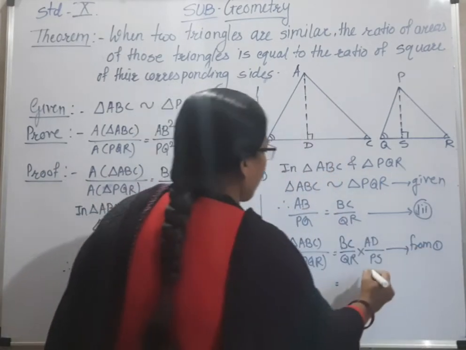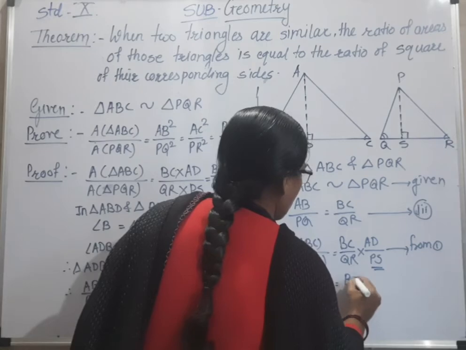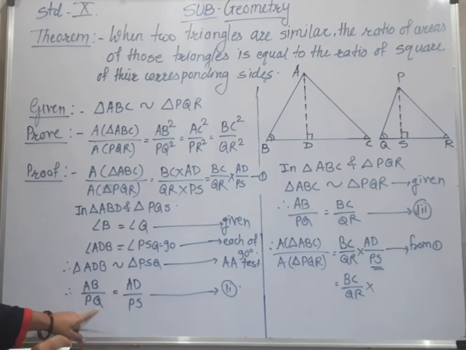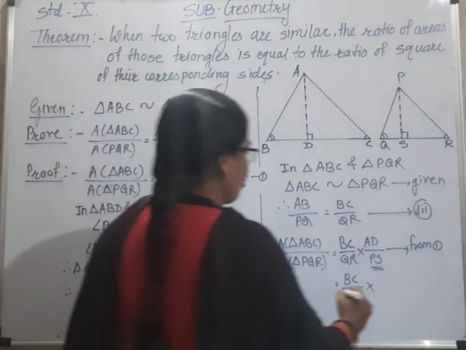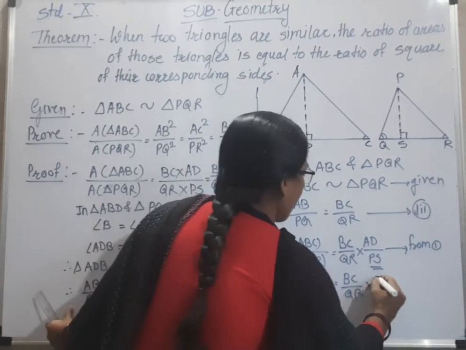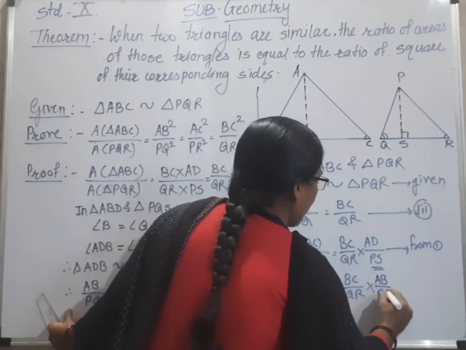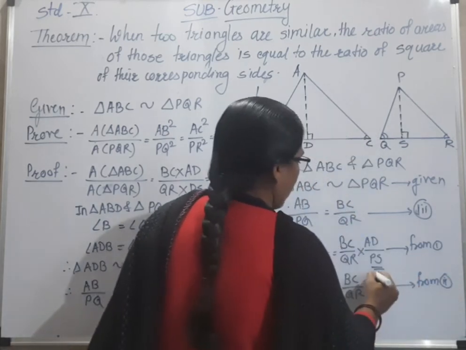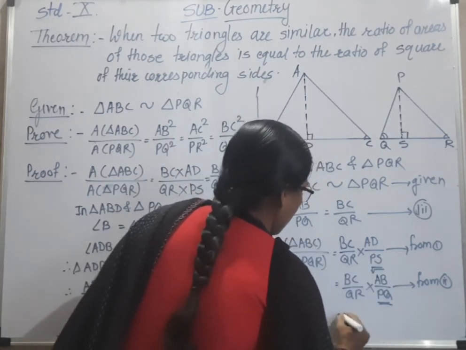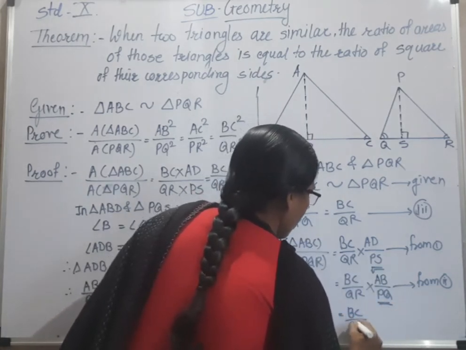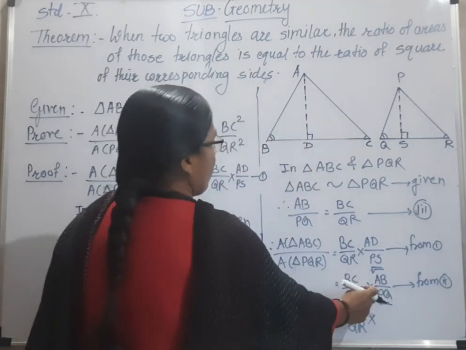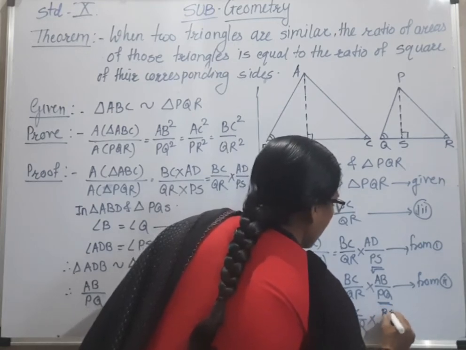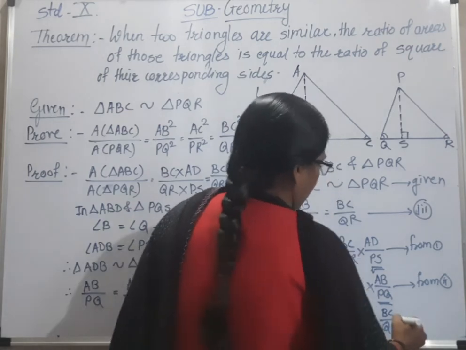AD upon PS means AB upon PQ, from 2. So instead of AD upon PS we write AB upon PQ. Then it is equal to BC upon QR into AB upon PQ, and AB upon PQ is equal to BC upon QR, from 3.